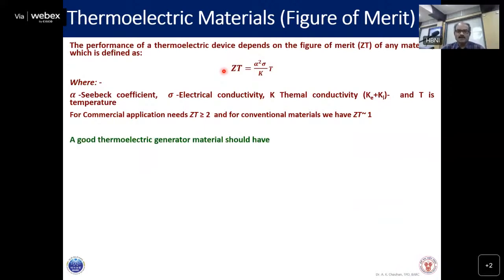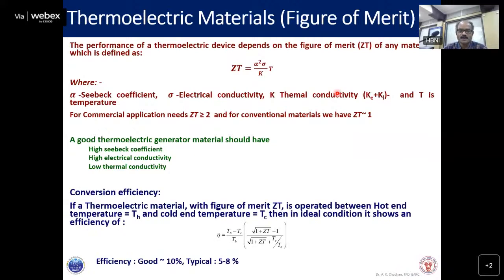So what should a good thermoelectric generator material have? It should have more alpha, more sigma, and less K. So it should have a high Seebeck coefficient, high electrical conductivity, and low thermal conductivity. But you know, the electrical conductivity and thermal conductivity are related.